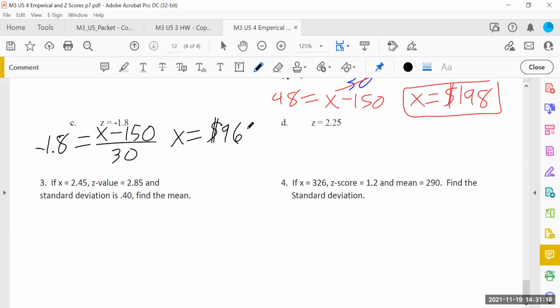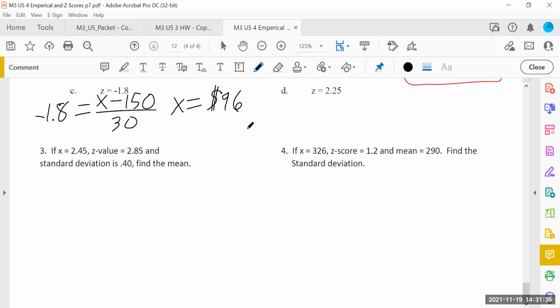No, there's no sentence that goes along with this one. If they wanted it, you would say that's the price of the textbook that goes along with that Z value. 96. There we go. That's perfect. Hopefully everybody's getting 96. So you can check your work. So 96.